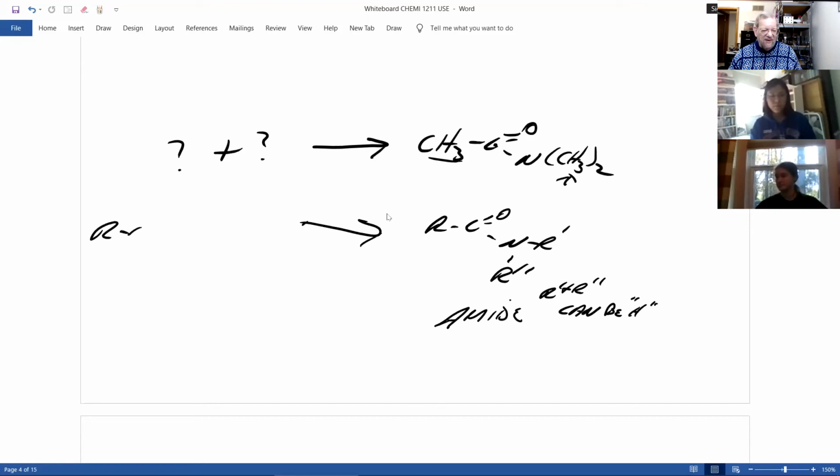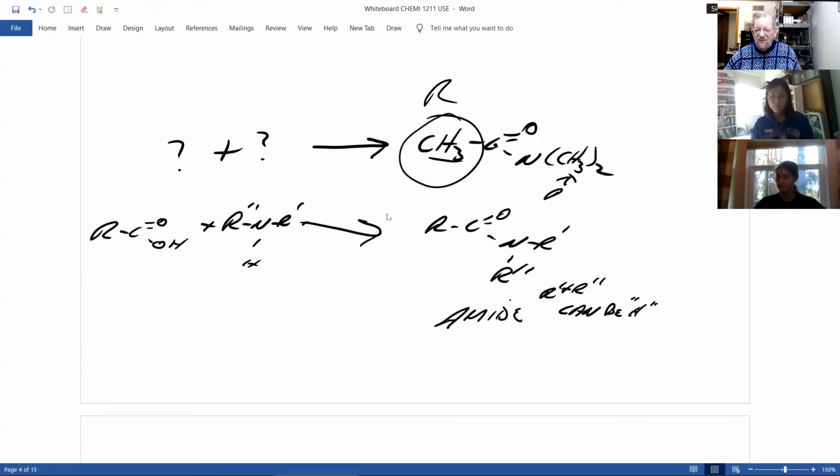And how do you make an amide? You react the carboxylic acid with an amine, or ammonia if R prime and R double prime are hydrogen. And therefore, I'll call this R, and each one of these R prime and R double prime.